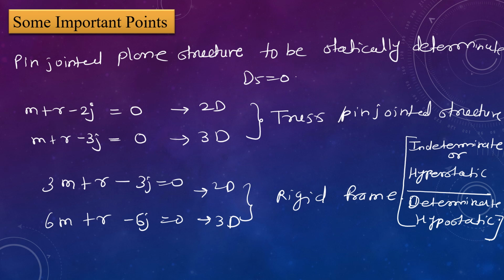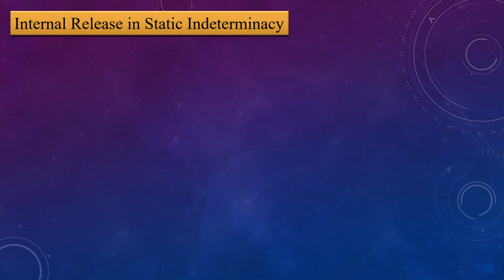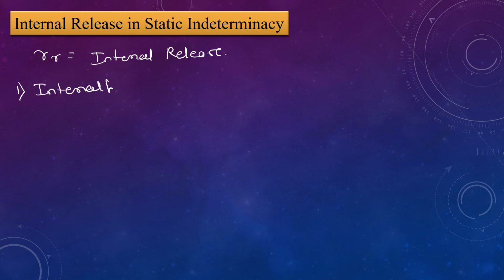The next point is internal release in static indeterminacy. You all know that RR is the internal release, as seen in the formula of internal static indeterminacy. First, for an internal hinge, this is how we represent it: this is the beam and this is the internal hinge.